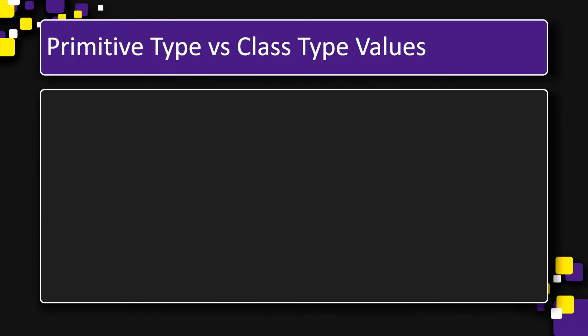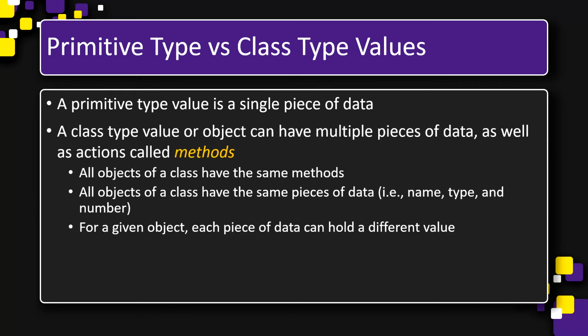So what exactly is the difference between primitive types and class type values? Well, a primitive type is a single piece of data, but a class type value or object can have multiple pieces of data as well as actions, which we will call methods. Methods look very similar to functions.